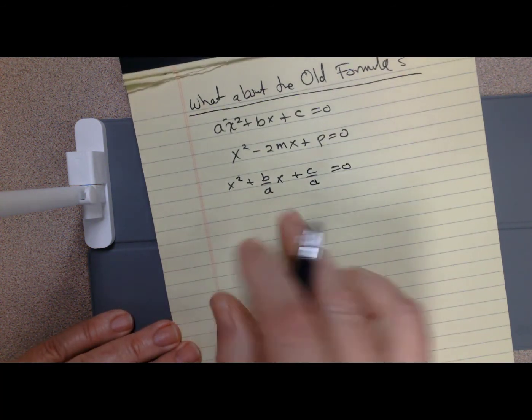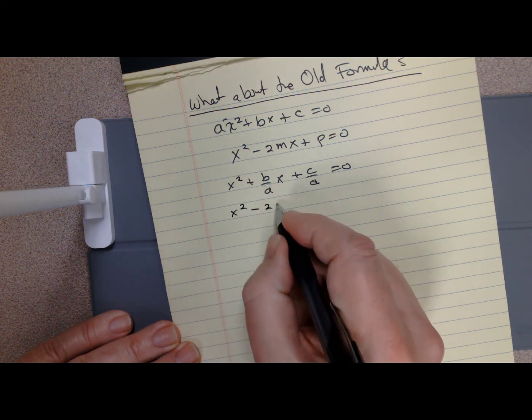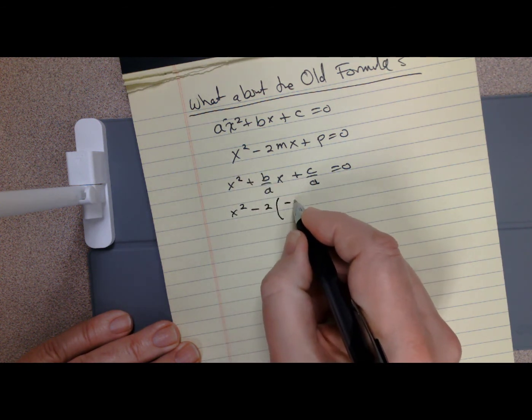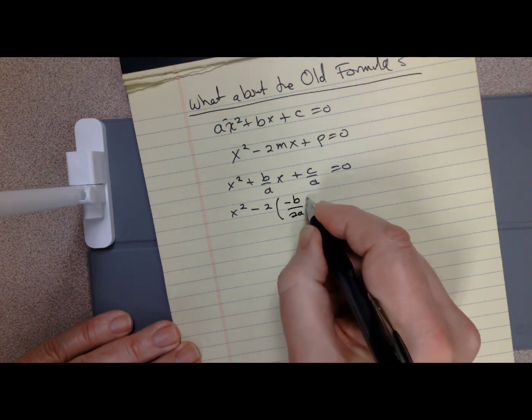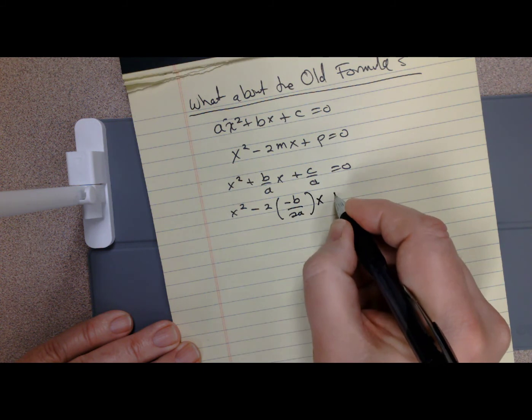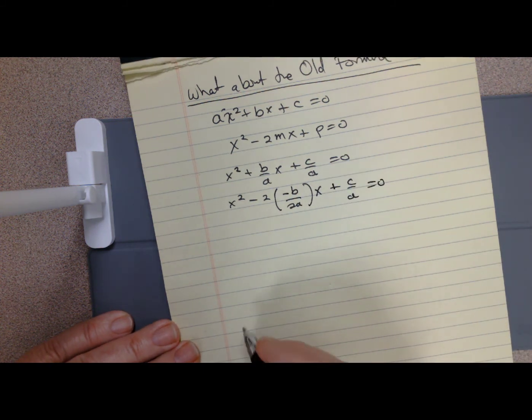And let's see, so I would do x squared minus 2 times negative b over 2a times x plus c over a equals 0.